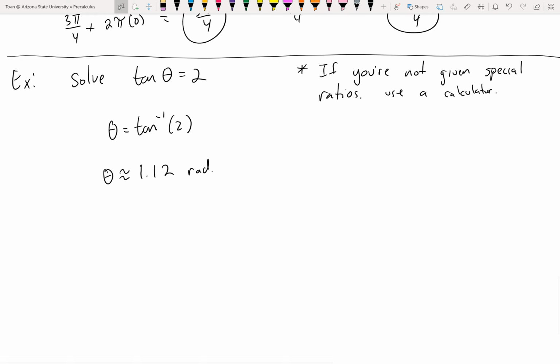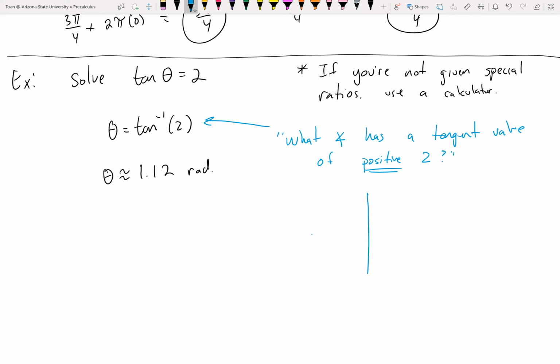But you got to remember, so I'm going to switch colors, this is what you're thinking. This is asking you what angle has a tangent value of positive 2. And we should know, being good math students, that tangent is positive in the first and in the third quadrant.